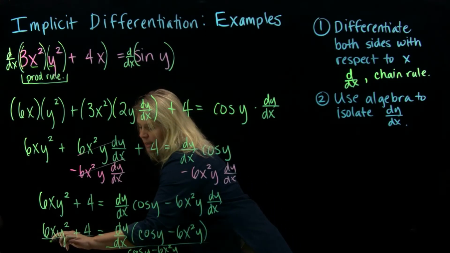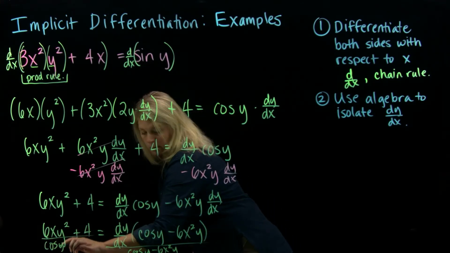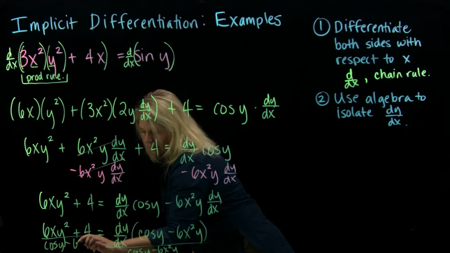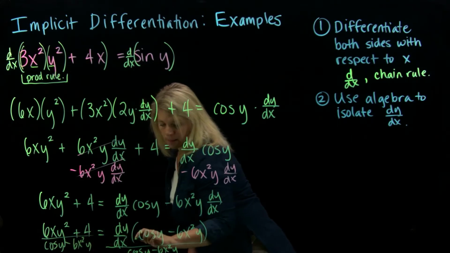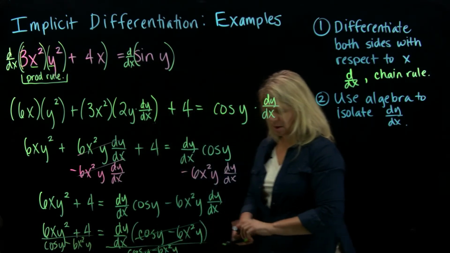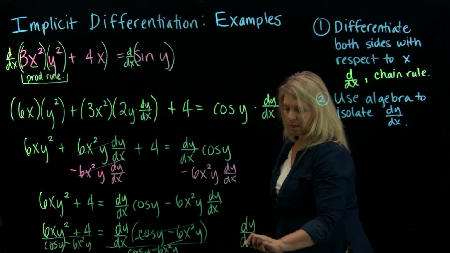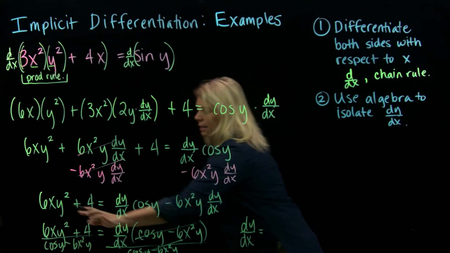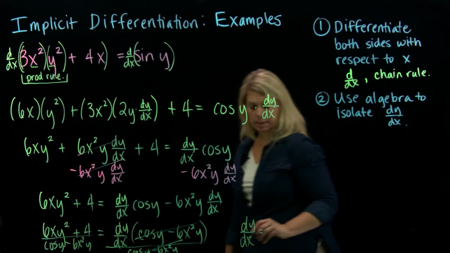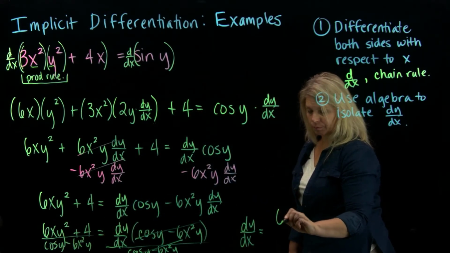I'll rewrite that answer over to the side here, hopefully a little neater. At the end, dy/dx equals this expression that I have over here, and that is my answer.